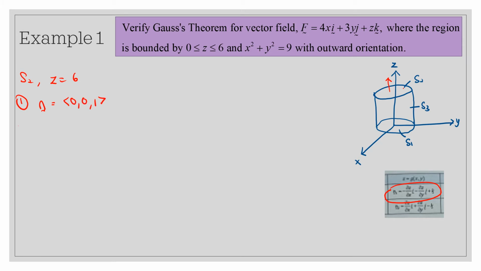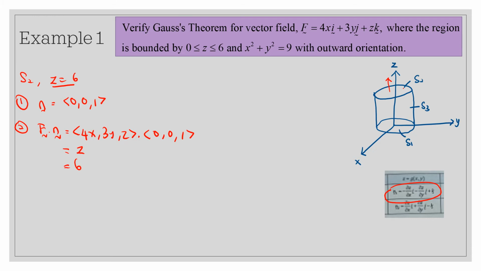Okay, step number 2, you need to calculate F dot n. So F here is 4x, 3y, z dot 0, 0, 1. When you solve this dot product, you will get z. So z here is equal to 6. So F dot n is equal to 6.